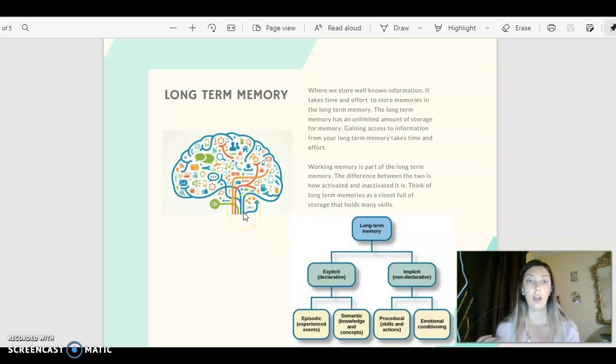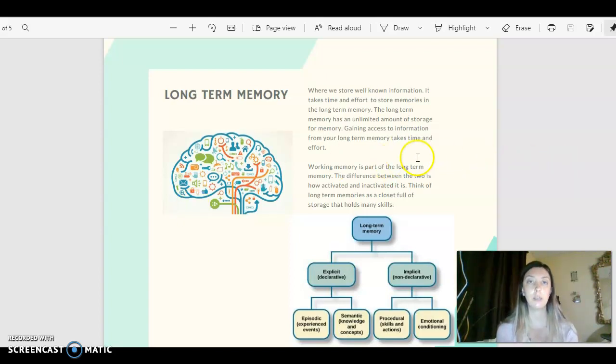Like everyone's name that we know, or if you memorize your parents' cell phone number, or whatever information is going to stick into your memory and you can retrieve it at any time, is long-term memory.